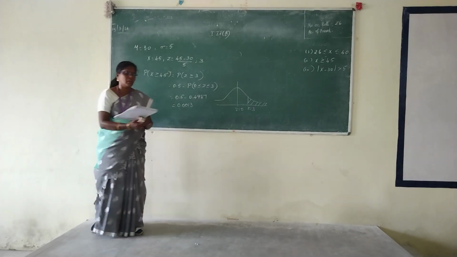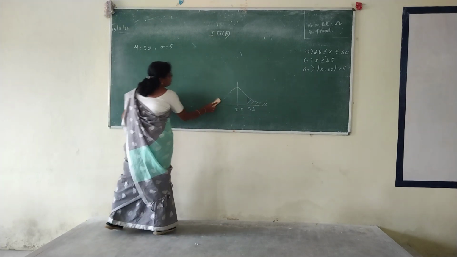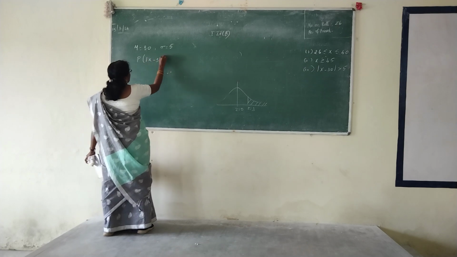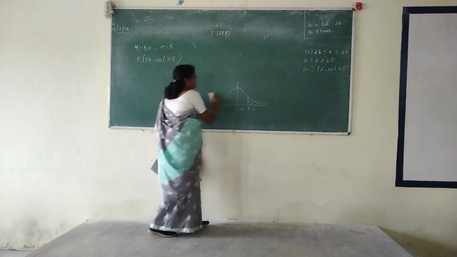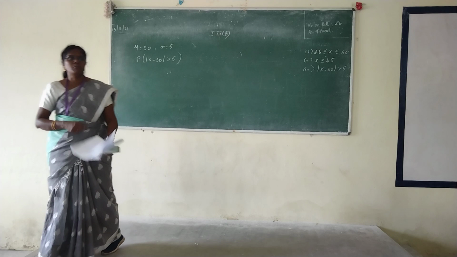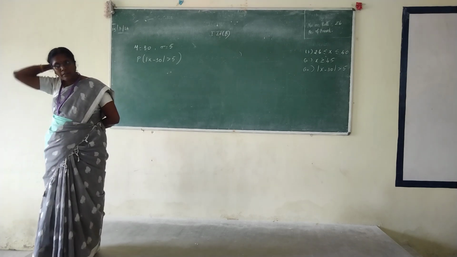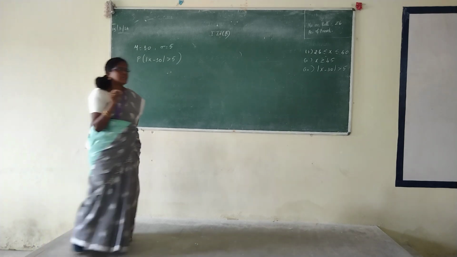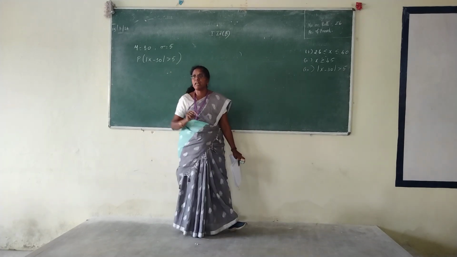Next one, the third one. Probability of mod x minus 30 greater than 5. How can we solve this one? Modulus you have to remove. How will you remove the modulus? The logic is that we can remove the modulus if we have the symbol as less than or equal.